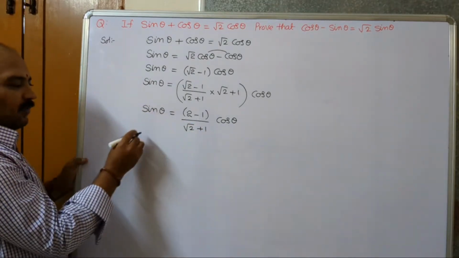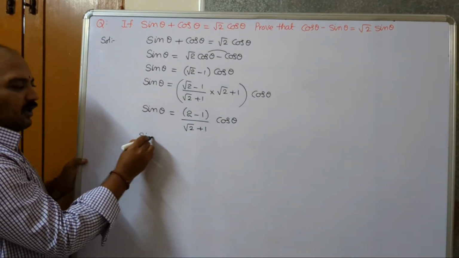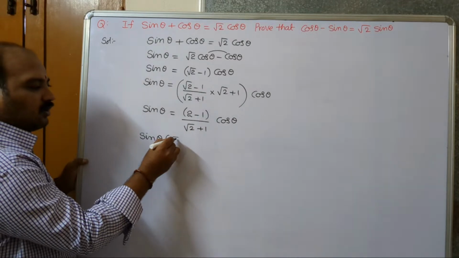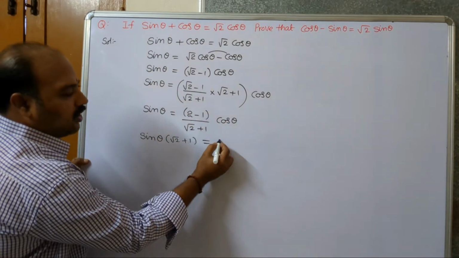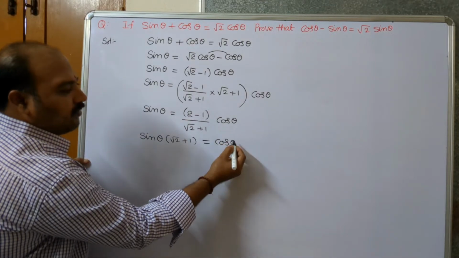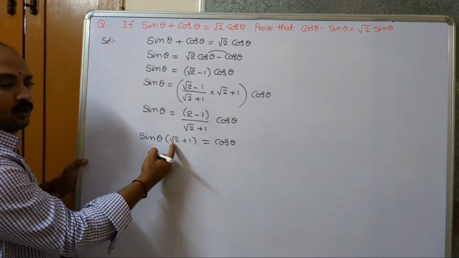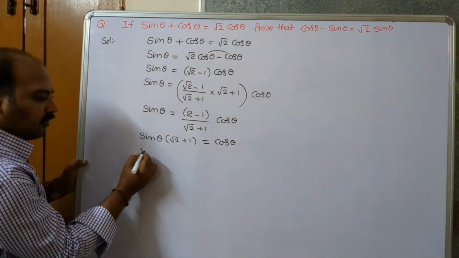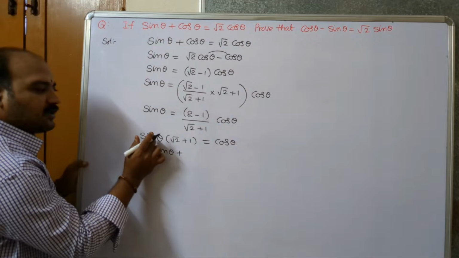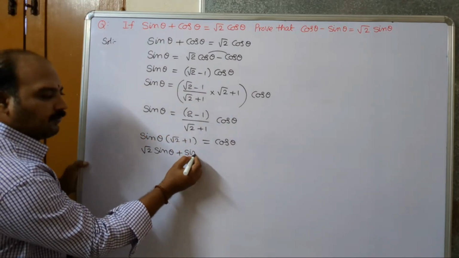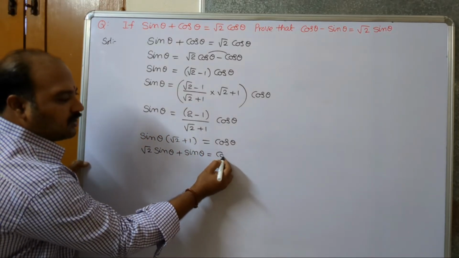So cross multiply: sin theta into (root 2 plus 1) is equal to 1 into cos theta. So root 2 into sin theta plus sin theta into 1 is equal to cos theta.